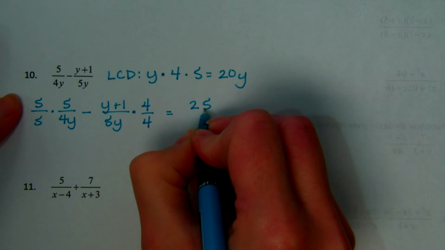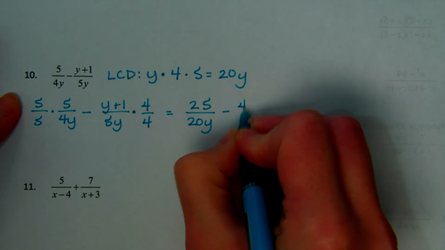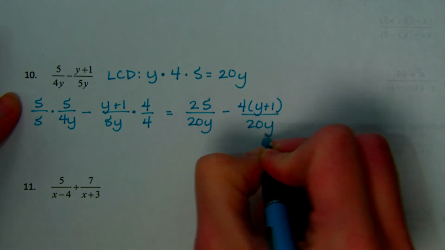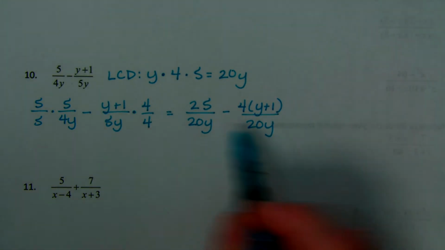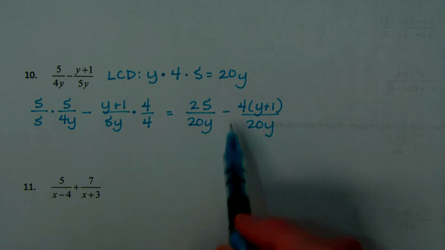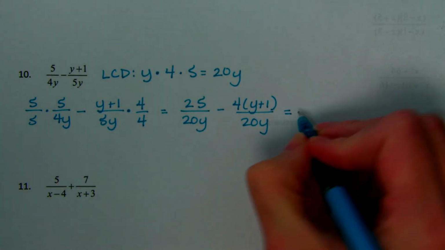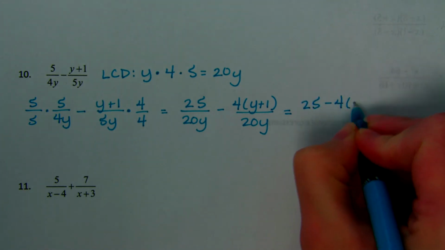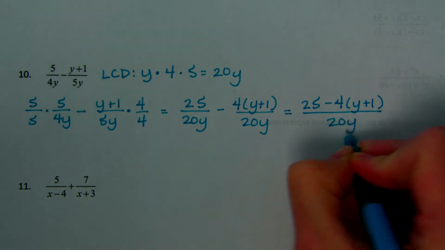And this becomes 25 over 20y minus 4 times y plus 1 over 20y. Resist the urge to simplify at this step. Remember that if you simplify at this step, you just end up right back here. So now we need to add, or rather subtract, these fractions. So this is 25 minus 4 times y plus 1 over 20y.